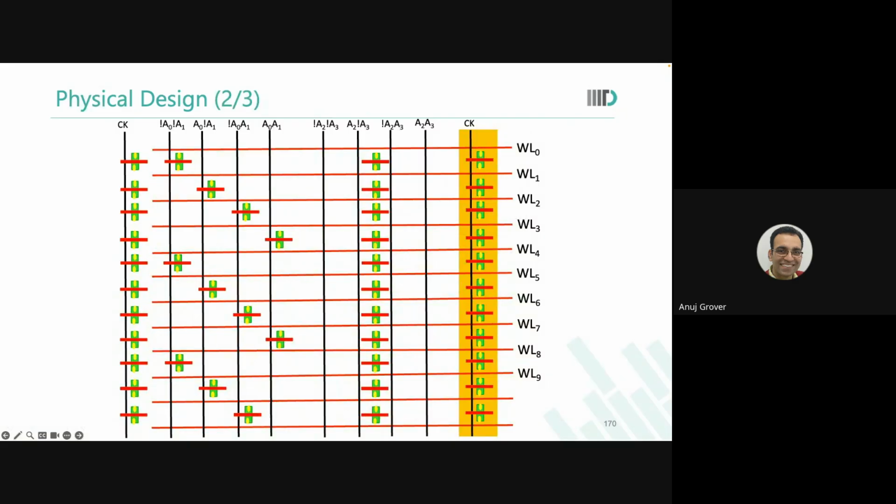What is happening here? If you look at the programmation, this is just 4 bits. Look at this: for word line 0, 1, 2, 3, where would the programmation be?